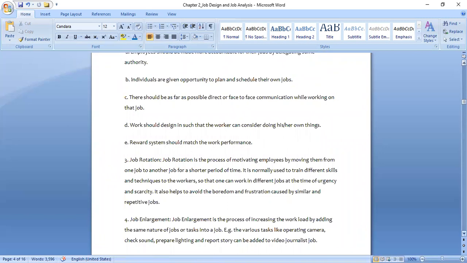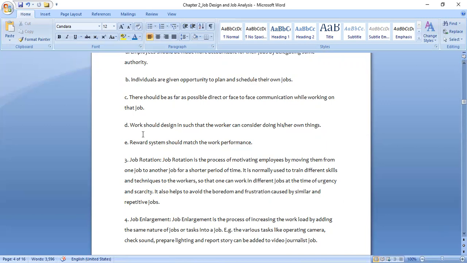jobs, right? And then also as a motivator, the job design should allow face-to-face communication at the workplace while these workers are working.